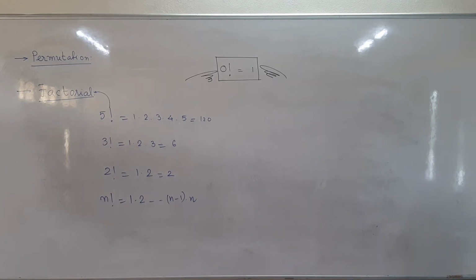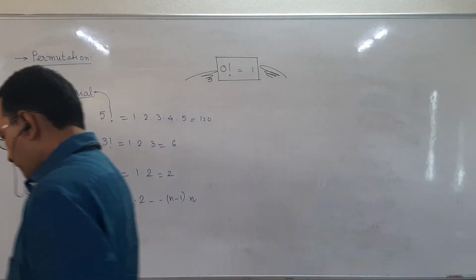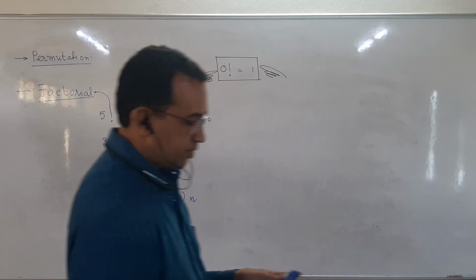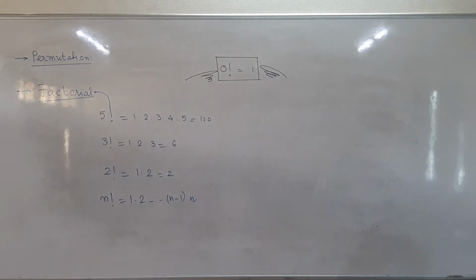Exception: 0 factorial is equal to 1. Now students, pay attention. In the simplification of factorial, one has to be very careful because this is multiplication of numbers, and especially these natural numbers.